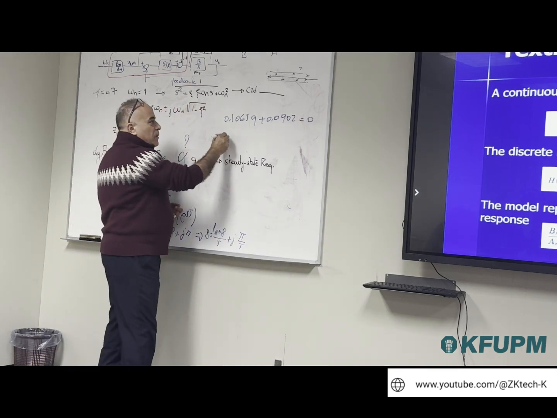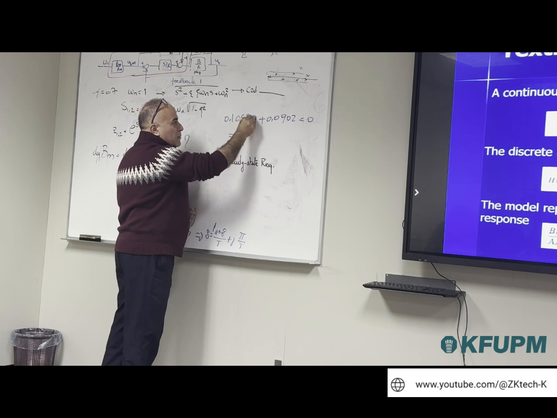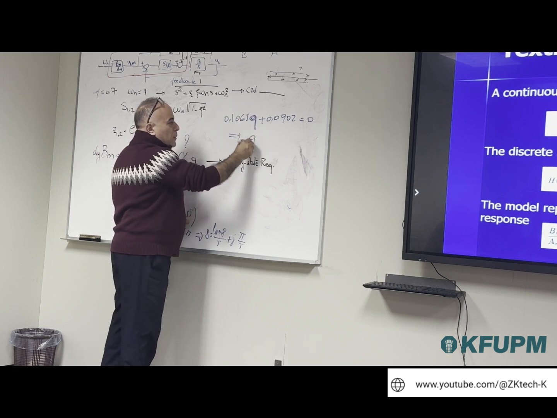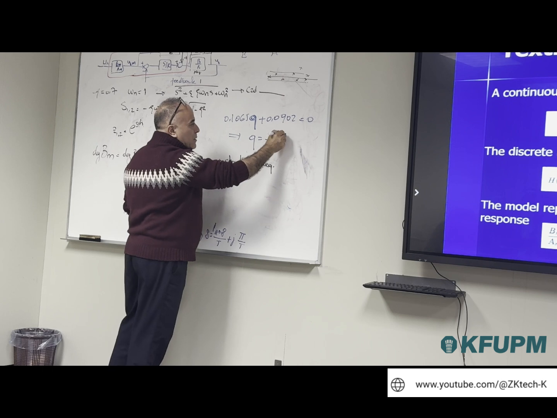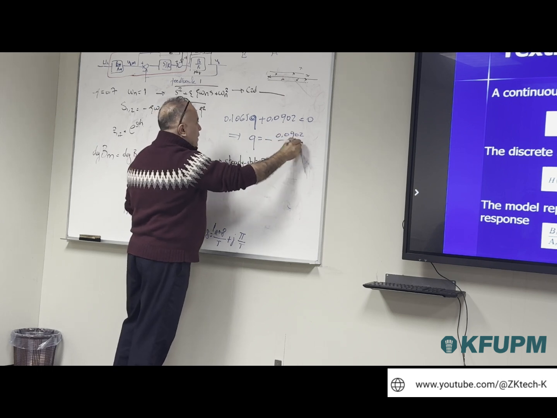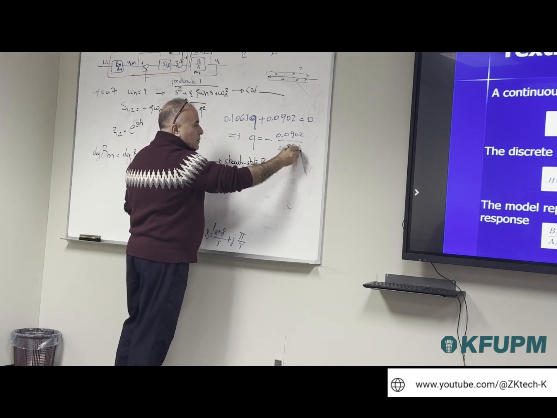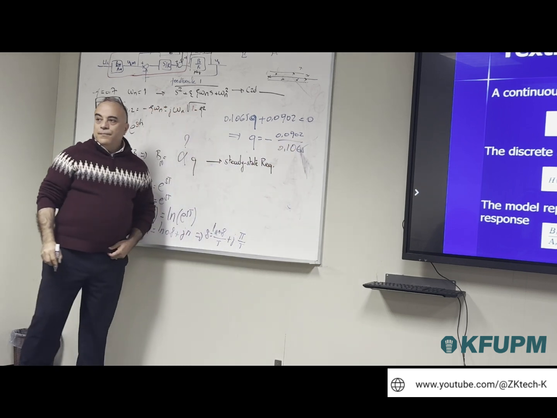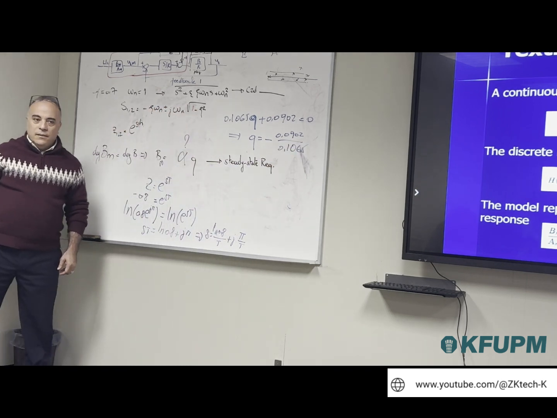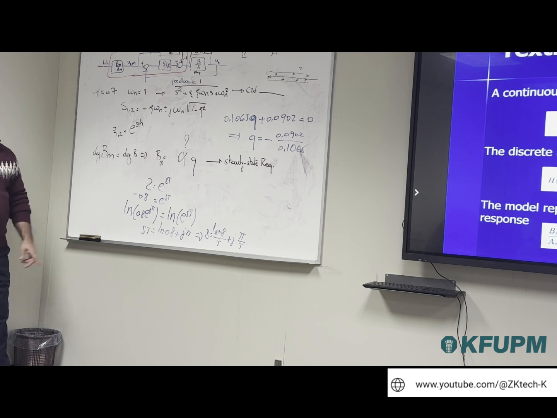And this will give you the value of Q. This is the Q that I'm trying to find here. This will give you Q equal to minus 0.0902 divided by 0.1065. Yeah, exactly. But everybody understood this?